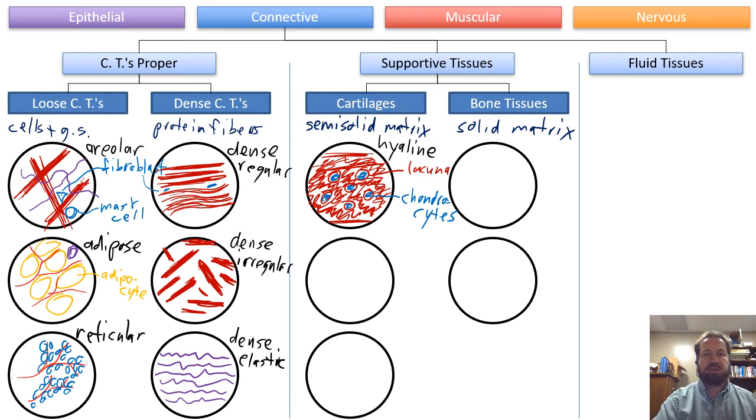Okay. The next type of cartilage, and hyaline cartilage is mostly all a very thick, slightly collagenous ground substance. There's another type of tissue which has, again, those lacunae.